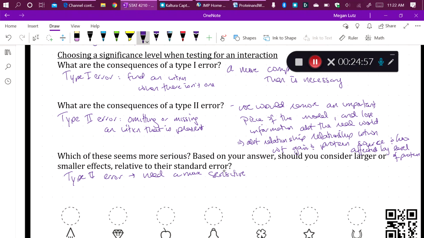So type 2 error is more serious. We need a more sensitive test because we want to be more willing to consider small effects like we had above.